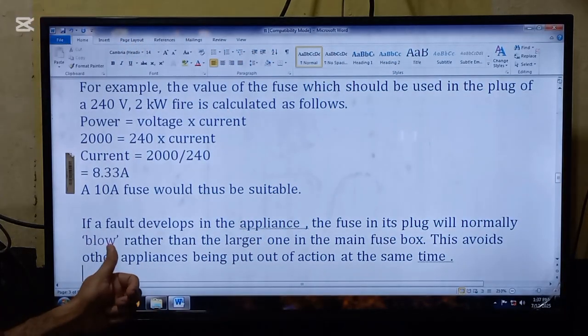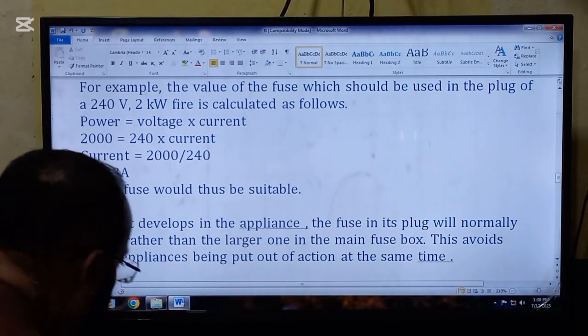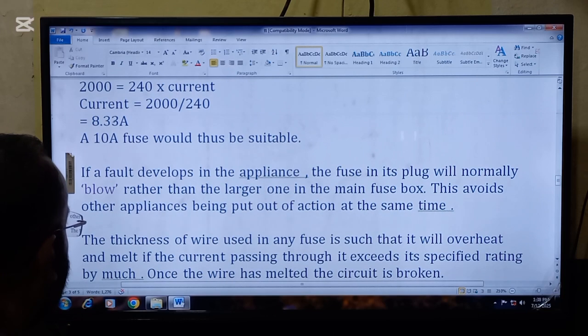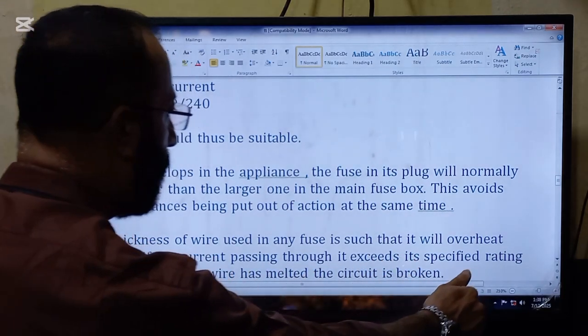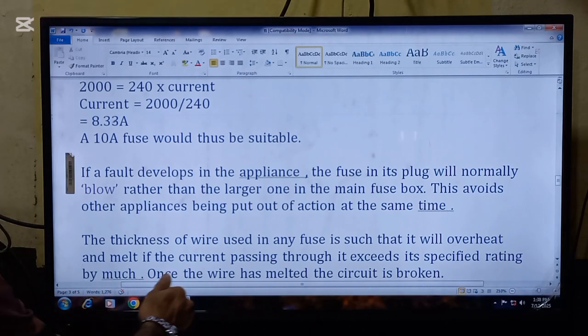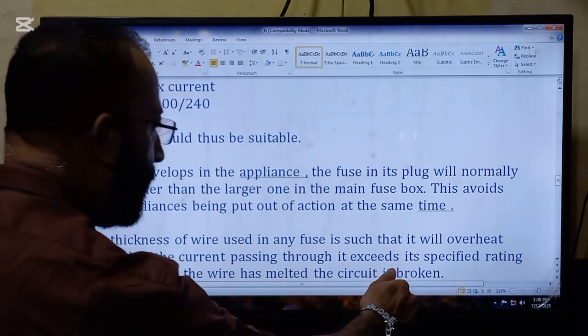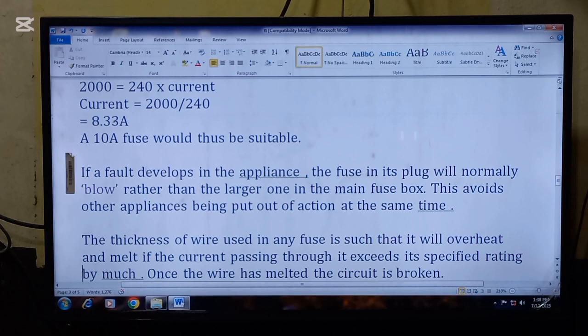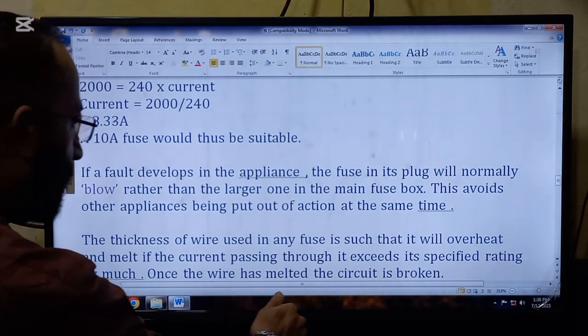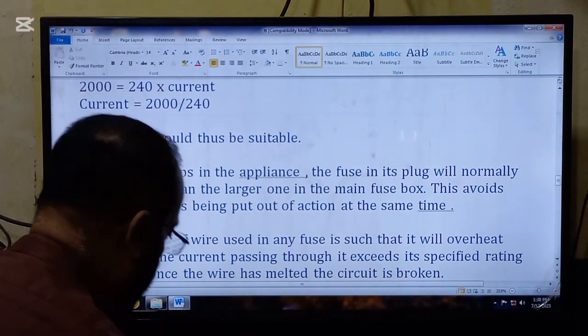This is the advantage of this kind of fuse. The thickness of the wire used in any fuse is such that it will overheat and melt if the current passing through it exceeds its specified rating by much. Once the wire has melted, the circuit is broken.